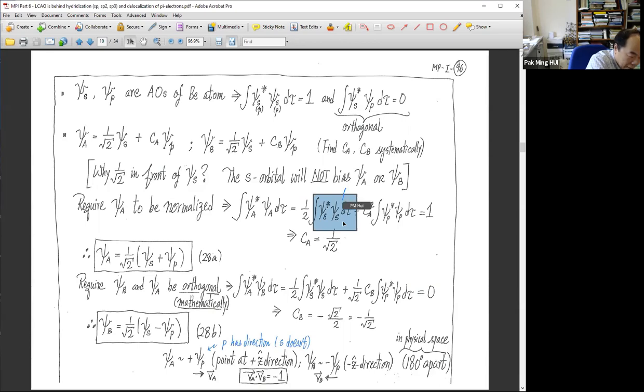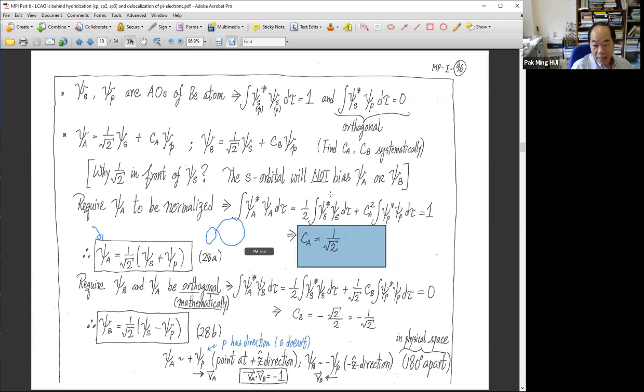This is normalized. This is also normalized. So I have an equation to solve for CA. And we will get, since this is half, 1 minus half is half, so CA is plus square root 2. So up to here, we find the first combination. This is the one pointing to the right.